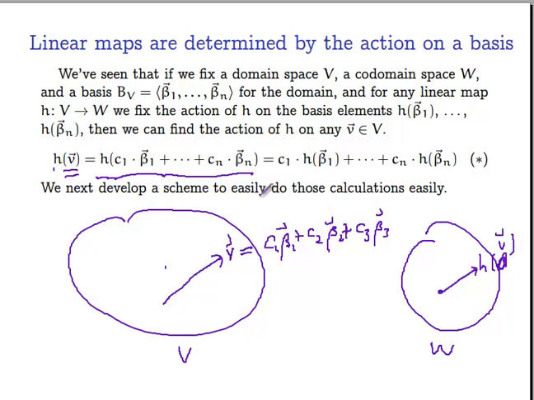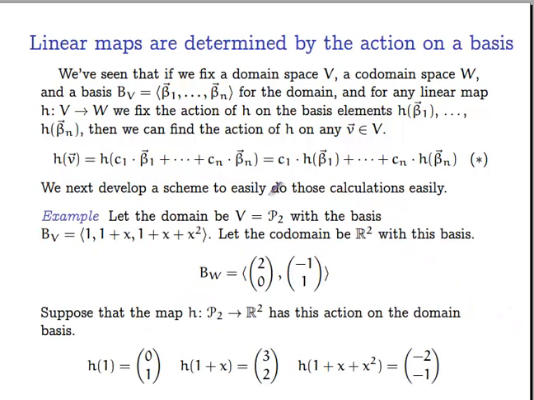Okay? So now we're going to systematize these calculations. Here's an example. Let the domain be the polynomials P2, that's the second order polynomials. And we're choosing a particular basis, 1, 1 plus x, 1 plus x squared. It should be pretty clear that that is a basis, that any second order polynomial can be written as a linear combination of these three polynomials.